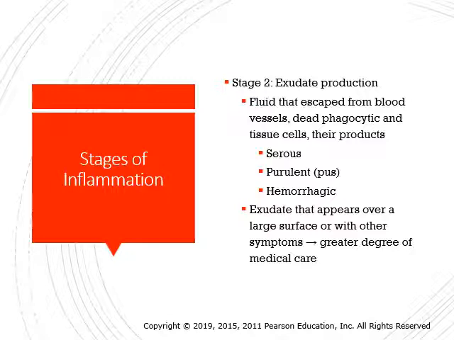That's the kind of material that forms the exudate in that injured area. Keep in mind that exudate that appears over a large surface or with other symptoms indicates a greater degree of medical care will be required.